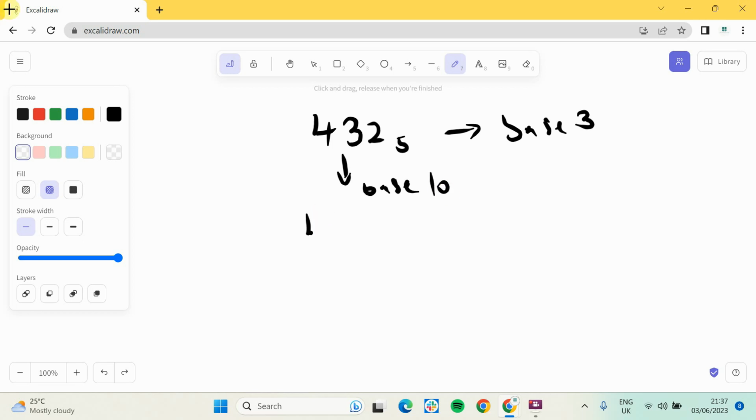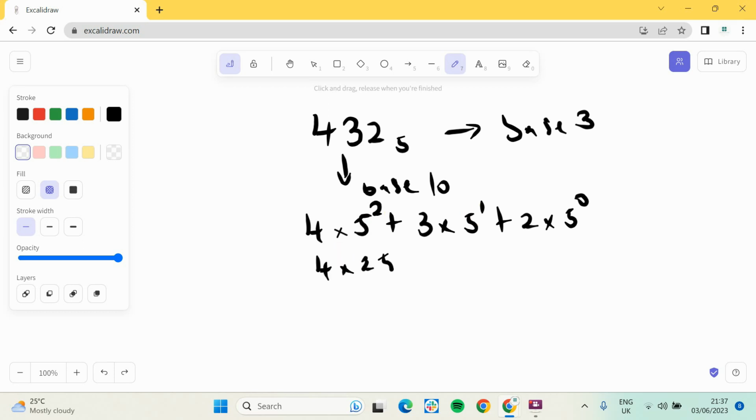Right? So that will be 4 times 5 plus 3 times 5 plus 2 times 5. Give it the power of 0 from right to left. So that will be 4 times 5 squared, which is 25, plus 3 times 5 raised to the power 1, which is 5, plus 2 times 5 raised to the power 0, which is 1.